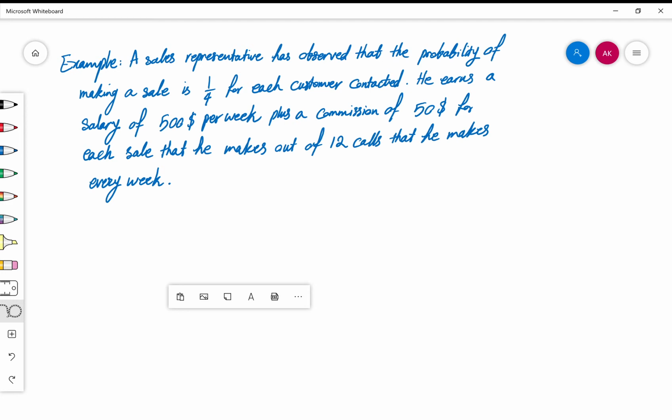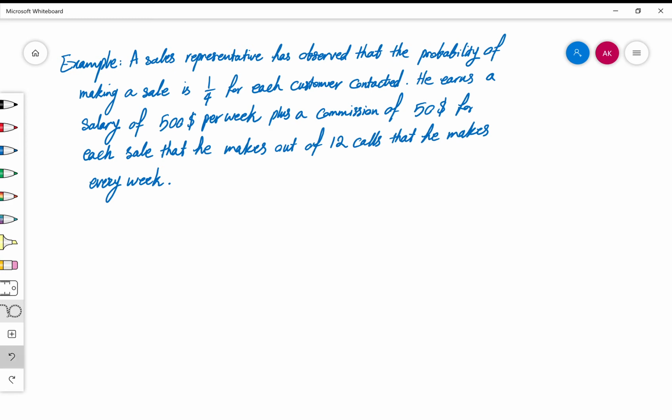So he calls 12 customers every week, and for every single one of them that he actually sells the product, he gets an extra $50.